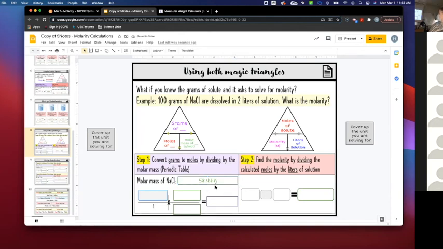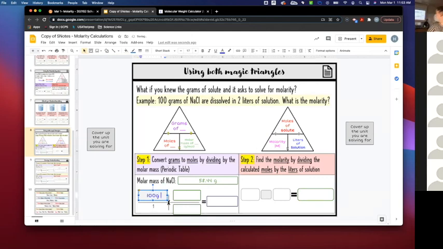That's the molar mass. So we're going to start by giving what the problem gave us, which is 100 grams of NaCl. So in the first box, we're going to do 100 grams NaCl. If grams of NaCl is up here, grams of NaCl has to be on the bottom.